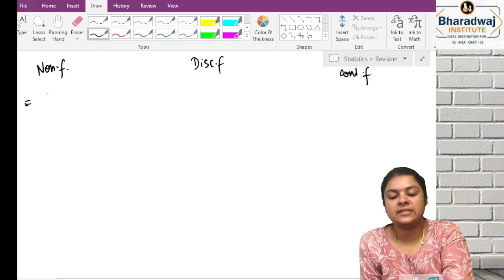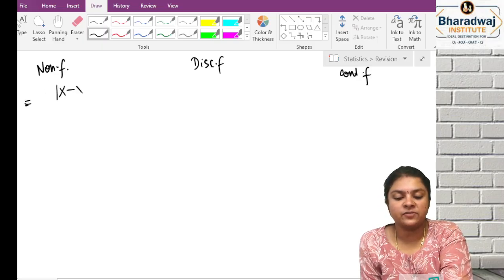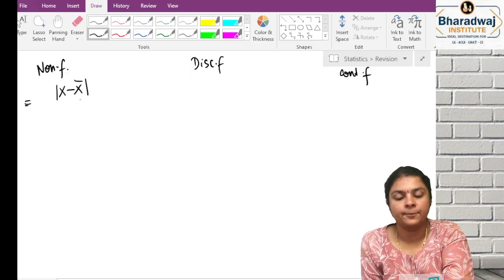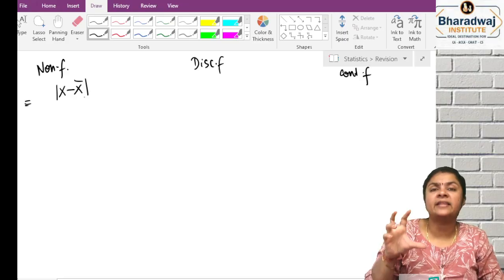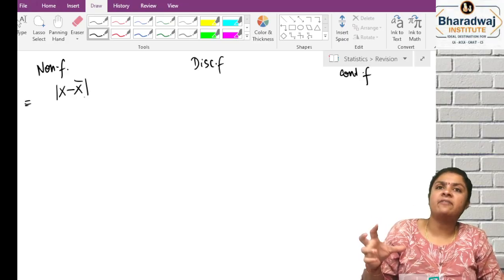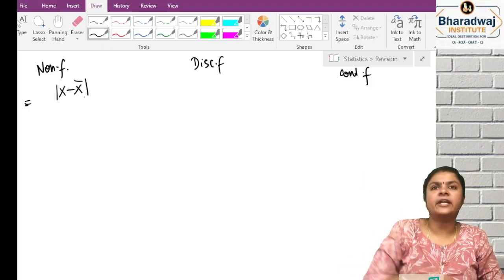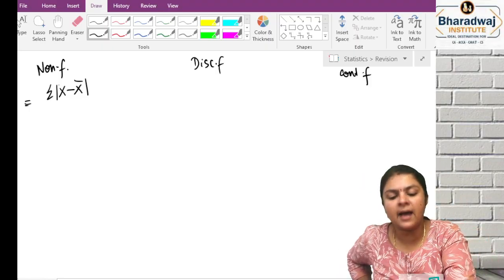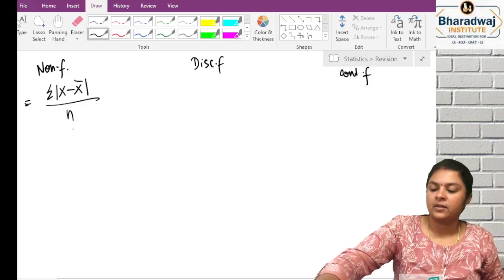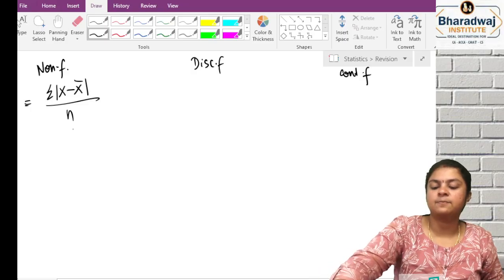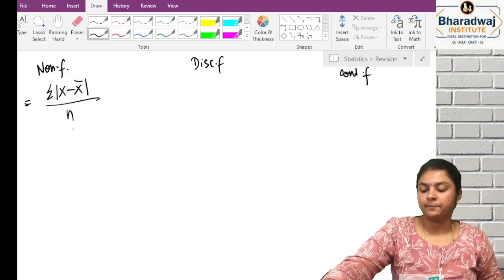For non-frequency, first we calculate x bar, then do x minus x bar within the modulus, which means ignoring the sign. Now for those deviations we need to take the average: total all the values divided by n. So sigma modulus of x minus x bar divided by n.